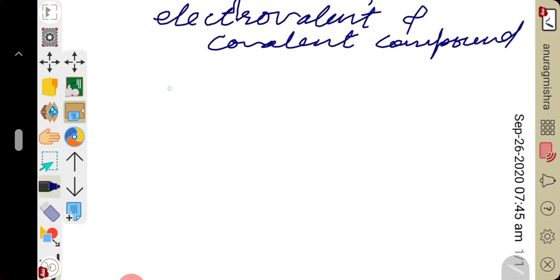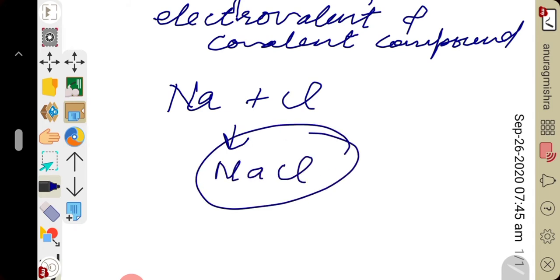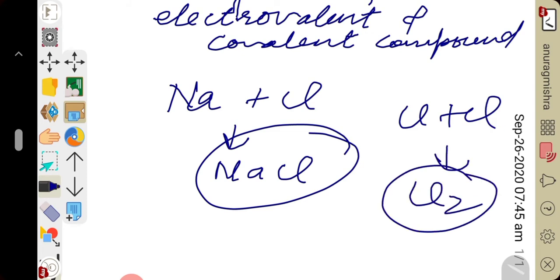We can take the example of any metal of group 1, like sodium. It can form a compound like sodium chloride by combining with chlorine, and this compound is an electrovalent compound. Similarly, when chlorine combines with other chlorine, it forms Cl2, which is a covalent compound. Okay, I hope you people understood. It can form covalent as well as electrovalent compounds.